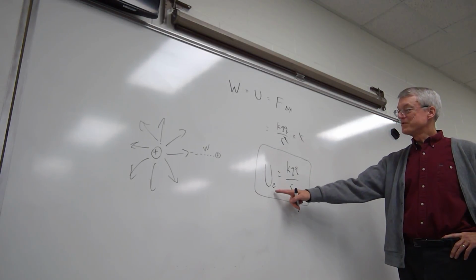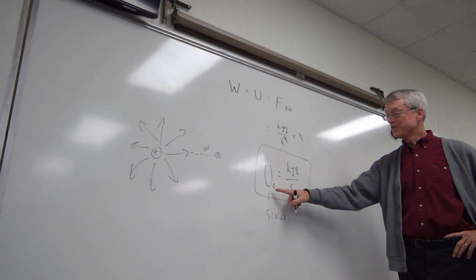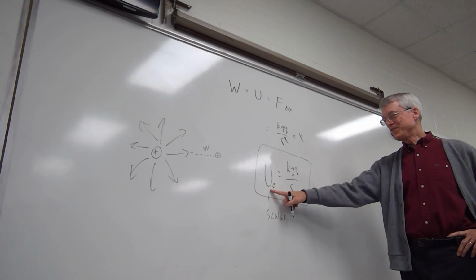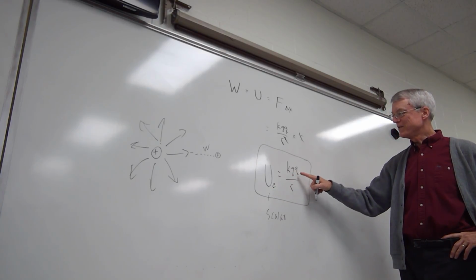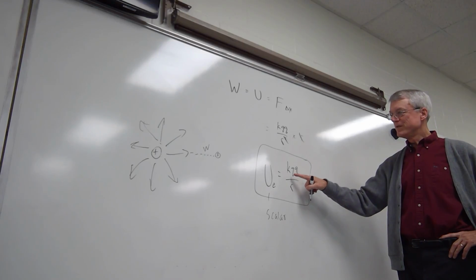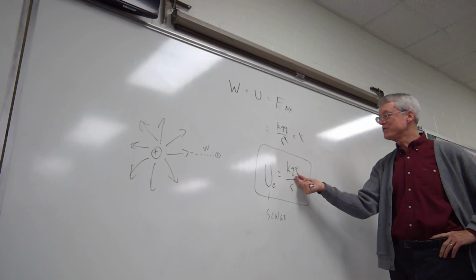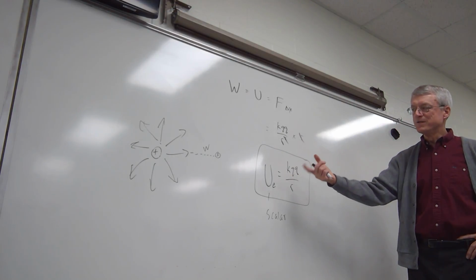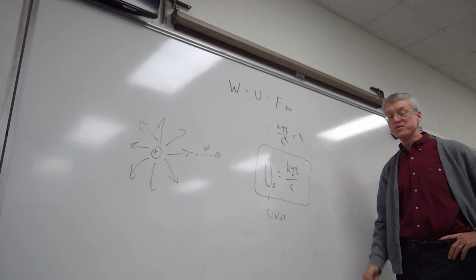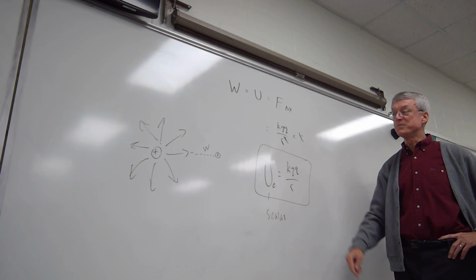Another thing I mentioned just a moment ago is that this is scalar, which means it doesn't have a direction. Since it doesn't have a direction, we don't make this absolute value of the Q's, we put in the signs. If these charges are both positive, like in my picture here, then yeah, the Q's would both be positive. But if one of them was negative, then you just make it negative. So you can come out to be negative. Potential energy can be negative.